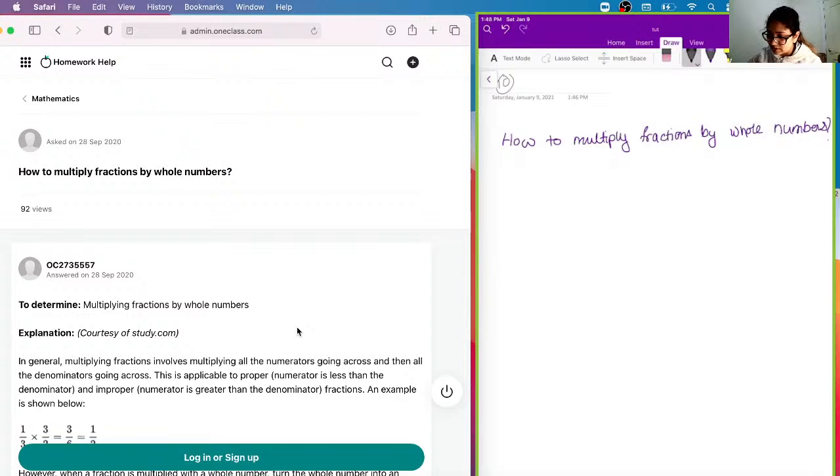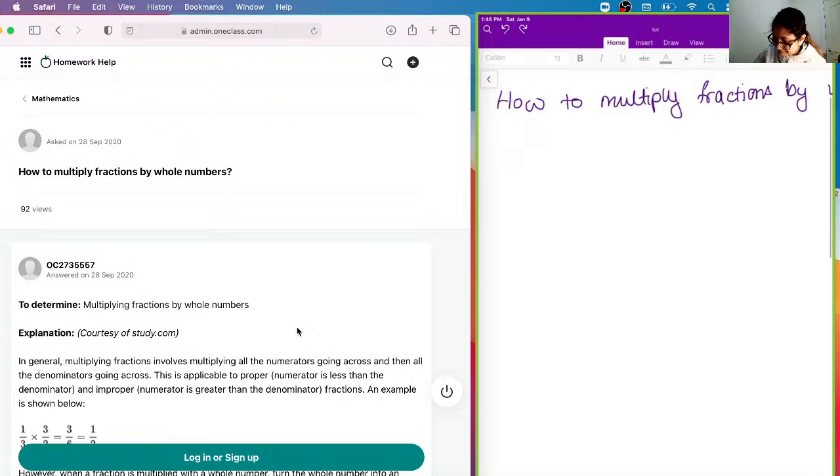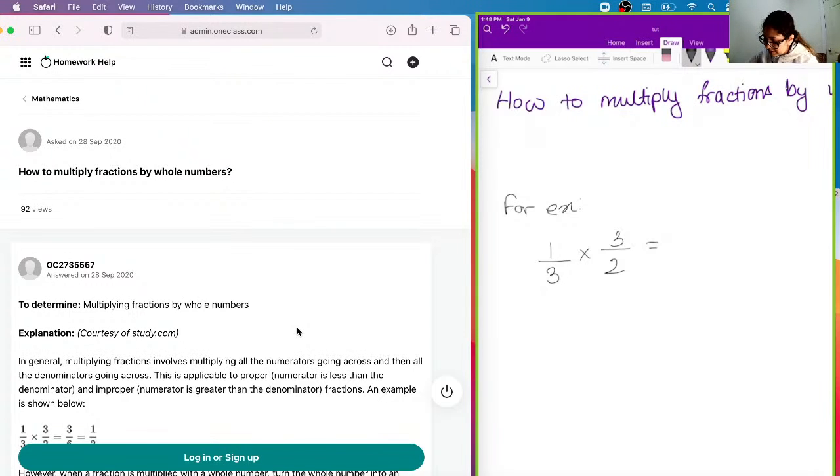So for example, we have 1/3 times 3/2. This is simple. You just multiply the numerators and multiply the denominators going across. So 3 times 1 is 3, 3 times 2 is 6, right? And we can further simplify this and it will be 1/2.